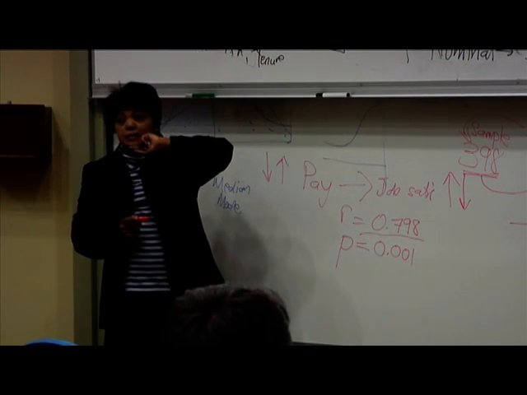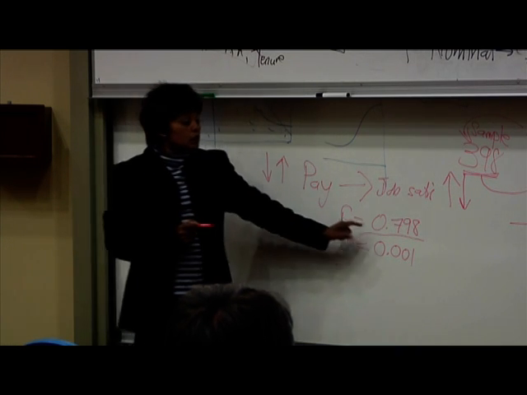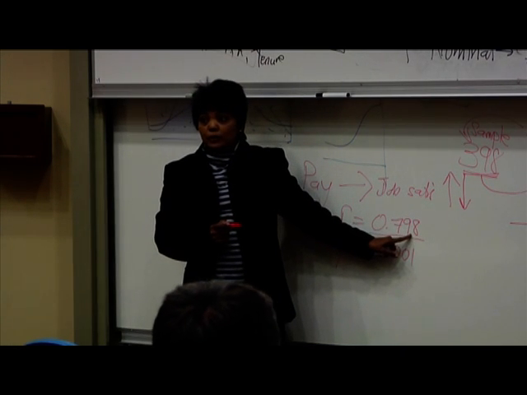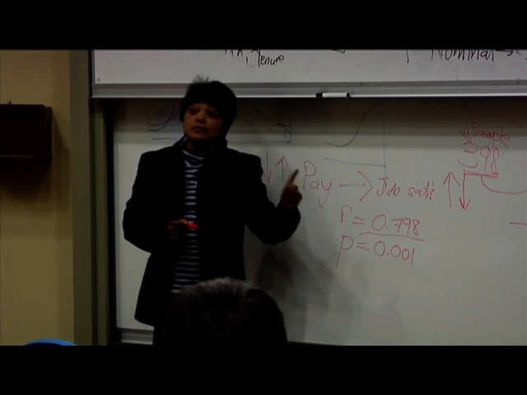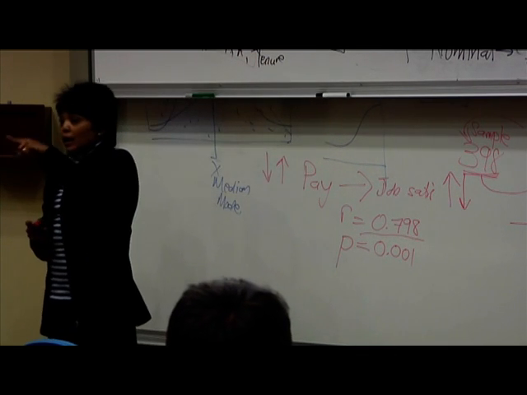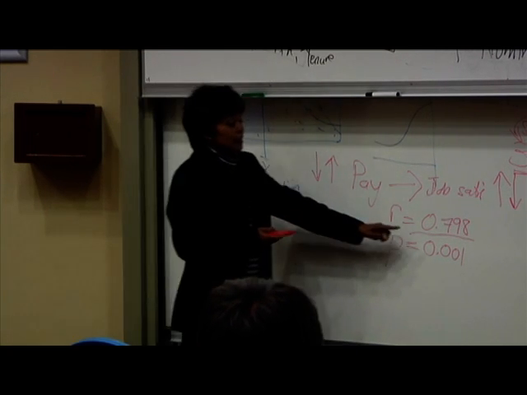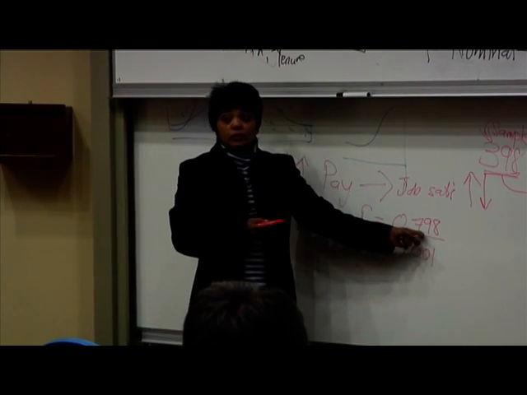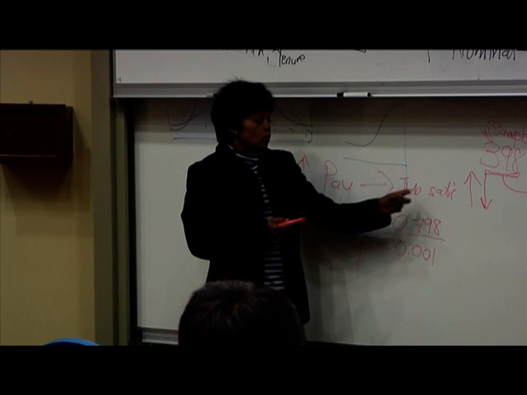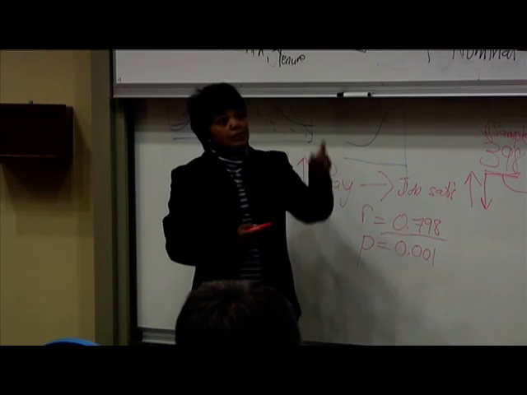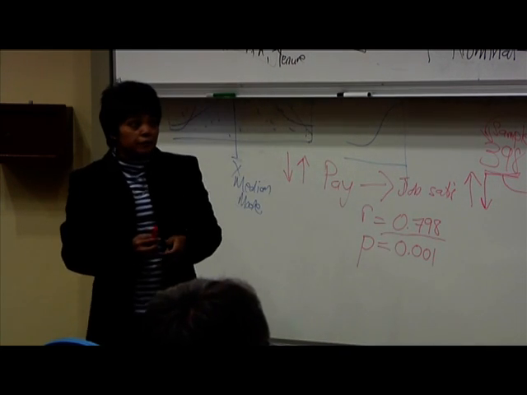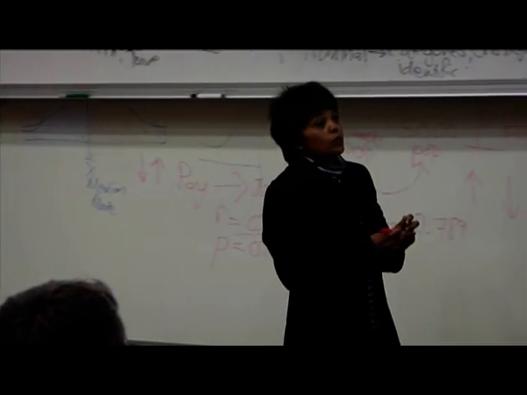It's also telling us about strength. The closer to the 1 that this value is, the stronger is the relationship between pay and job satisfaction. So if we look at this, there's a fairly strong relationship between pay and job satisfaction. More than that, is the result significant? And how do we know that?